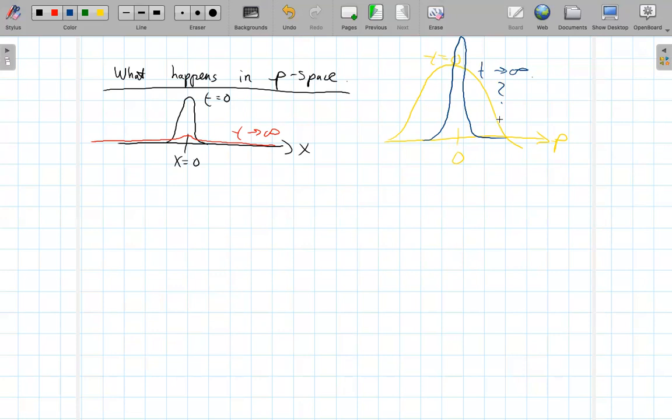Well, let's find out. Let's look at the inner product between the momentum and our time evolved states.